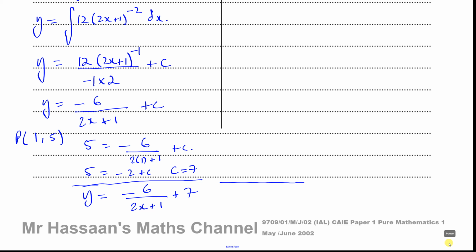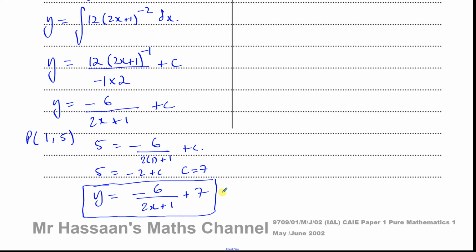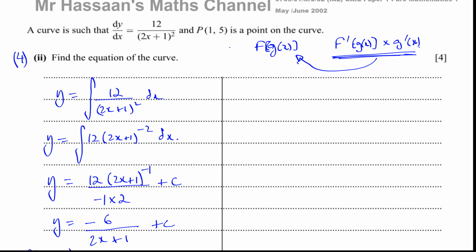So we're starting off with dy/dx equals, and I'll write this, so it's already 12 times, as we said, 2x plus 1 to the power of negative 2. What I want to do is, I'm going to integrate both sides with respect to x.